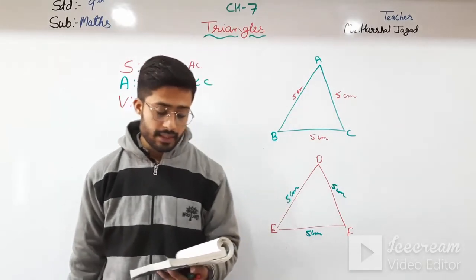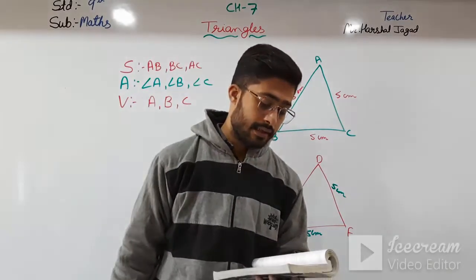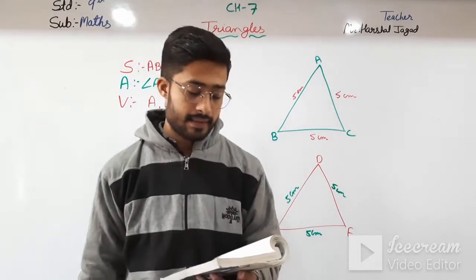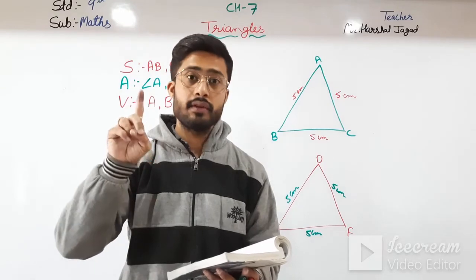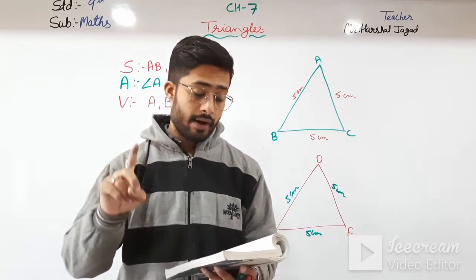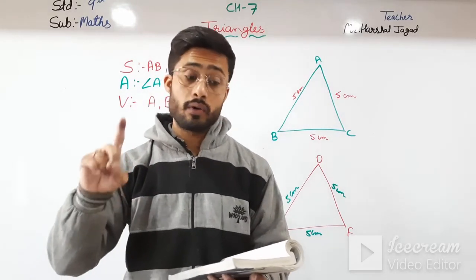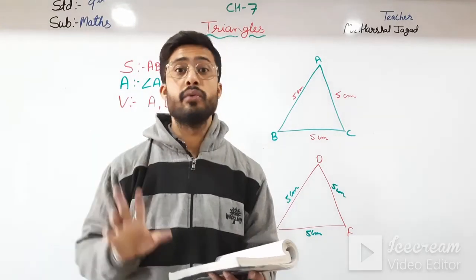Here A, B, C and P, Q, R are given. Figure number 2 is congruent, because triangle ABC is congruent to triangle PQR, not RPQ.